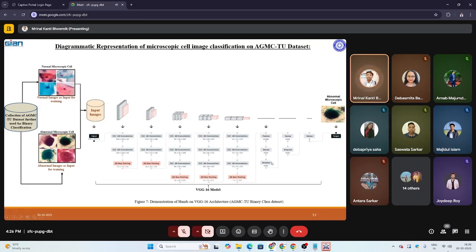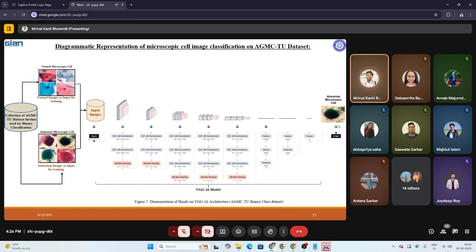So the dropout layer is also included, and after the fully connected layer, the output of one means that from the 2 binary classes it classifies a single image. So the target cell here has been classified as an abnormal microscopic cell. How did it classify? That is the test image we will be giving in the code.